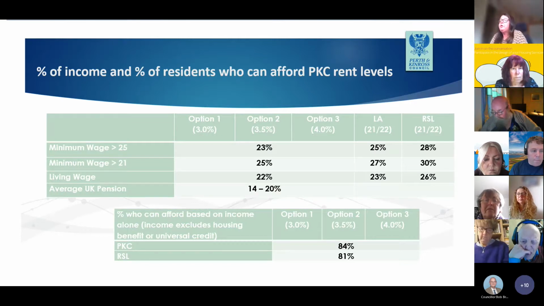We always think it's important to look at the percentage of residents who can afford a council rent in terms of our proposals. 84% of residents in Perth and Kinross can afford our rent levels without any additional assistance, for example, any assistance through either housing benefit or universal credit. And that's 3% higher than for our local registered social landlords.